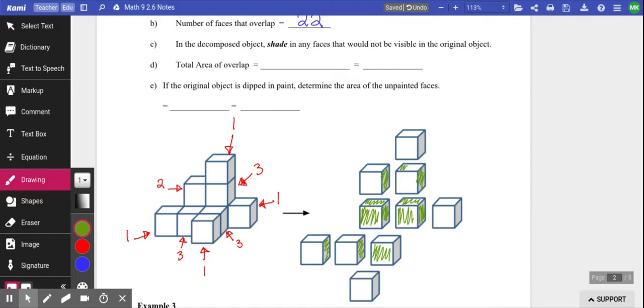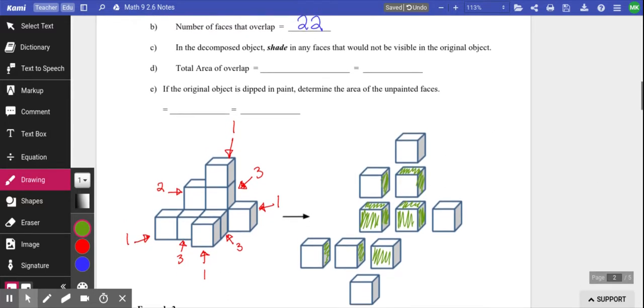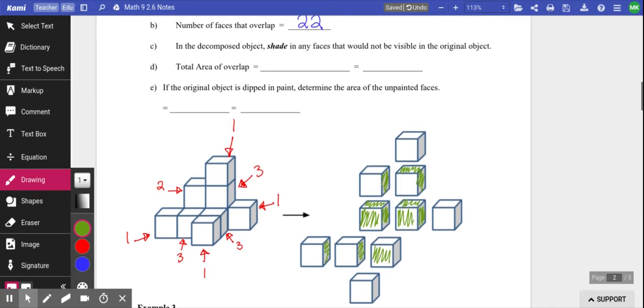This top's overlapped. Again, you can't shade all 22 because you can't see all 22.